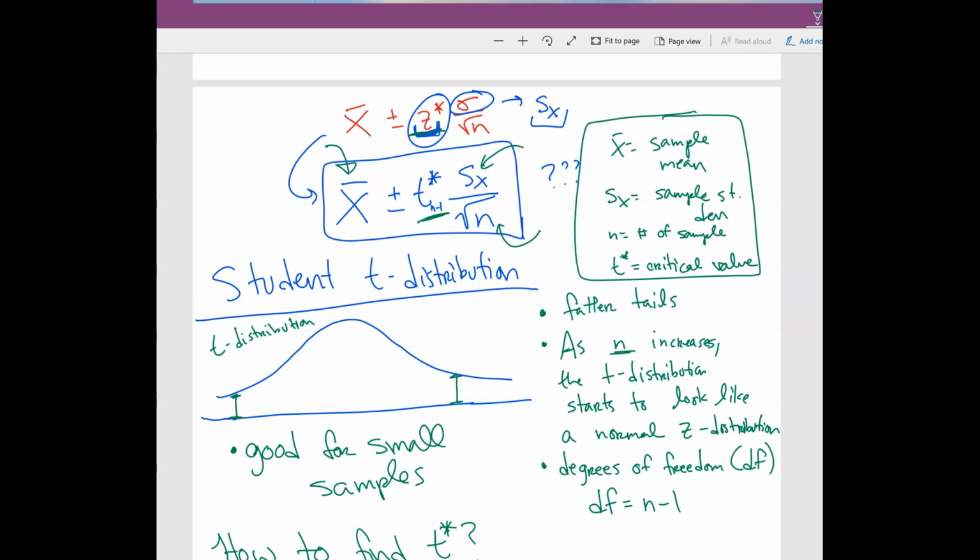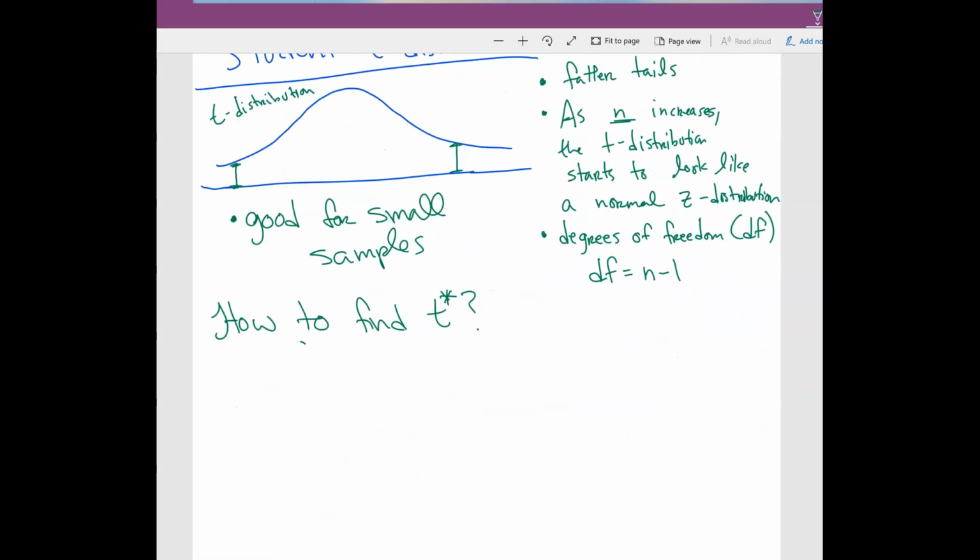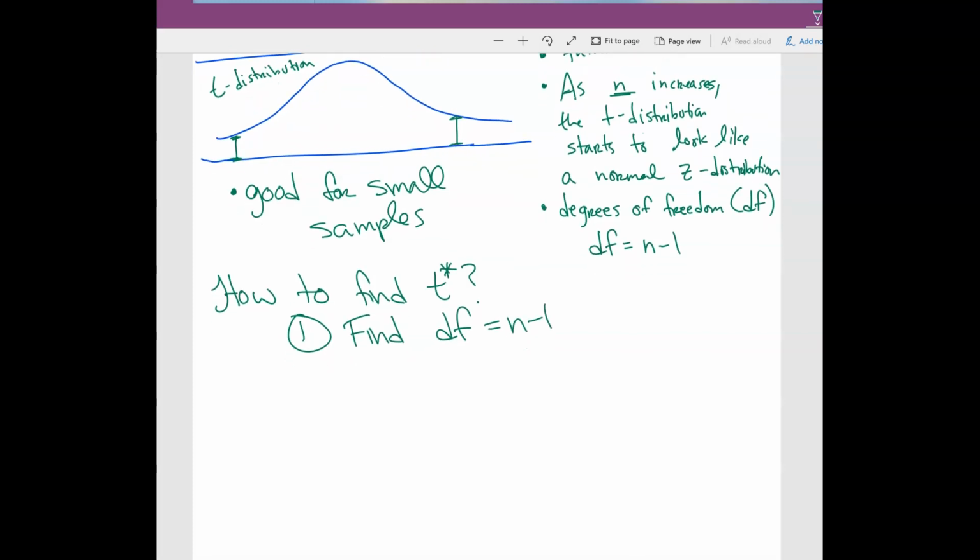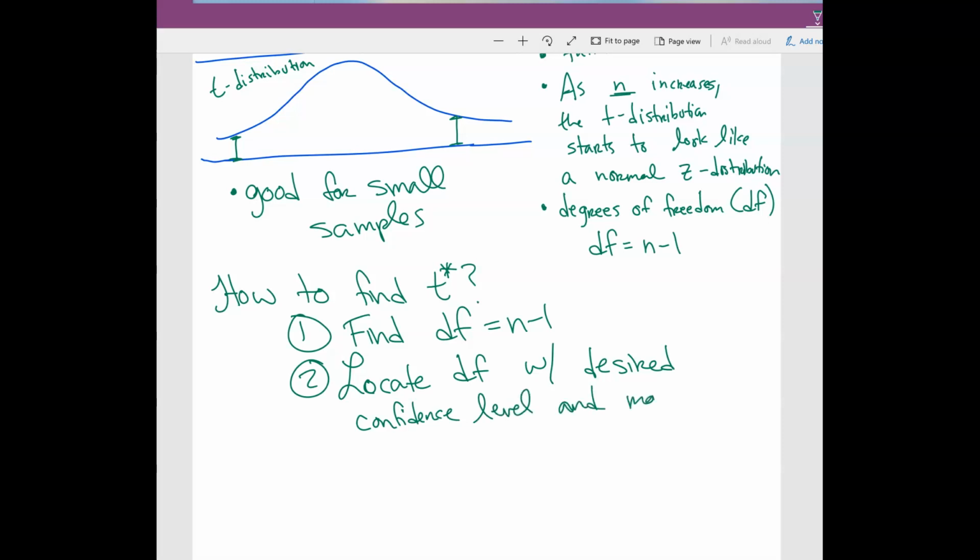How are we going to find this value of T star? It's actually really easy. The first thing you want to do is find degrees of freedom. Remember, degrees of freedom is n minus 1, so you take n and subtract 1. Then locate the df with the desired confidence level and match to find T star n minus 1.